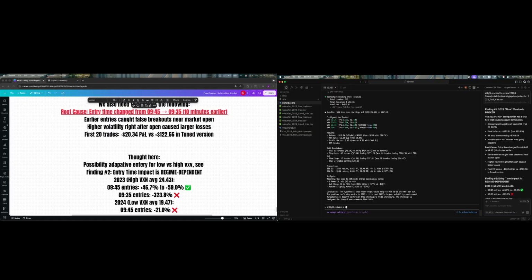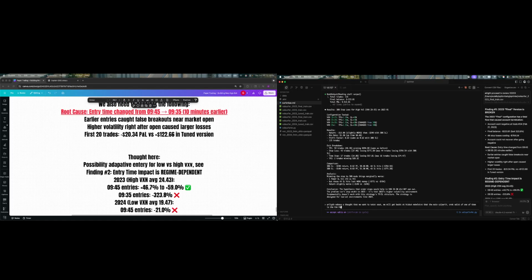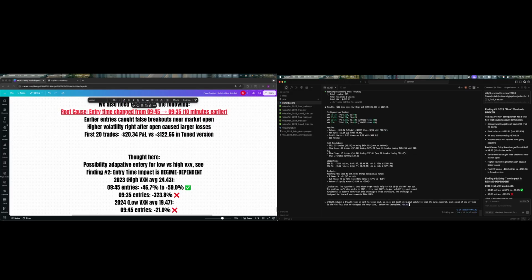We have a thought that we want to test out. We will get back to this, but we believe that the main culprit, or at least one of them, is the fact that we changed the entry time. Before we implement, think. Remember what Think does.